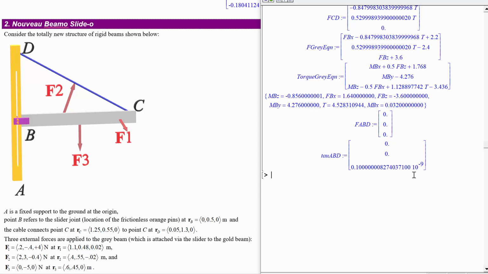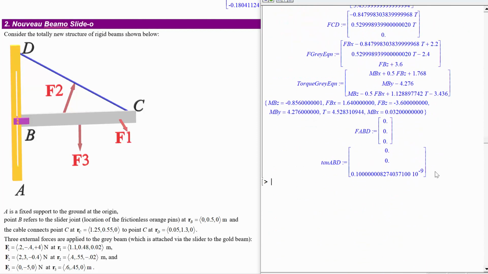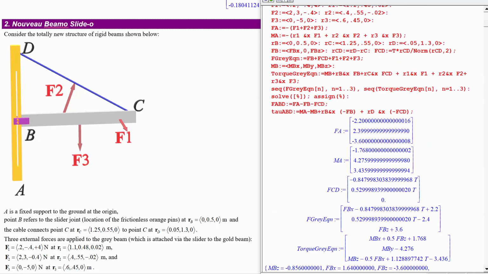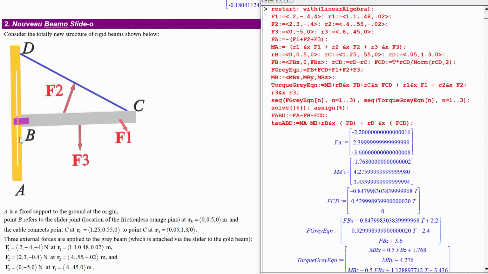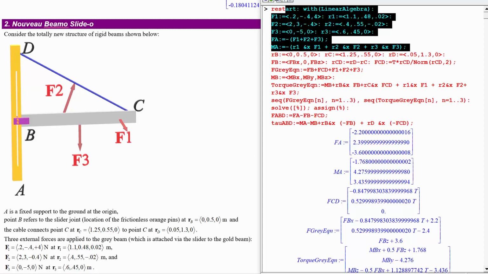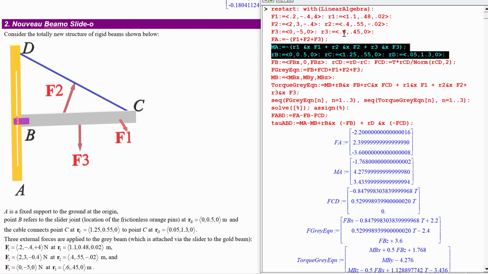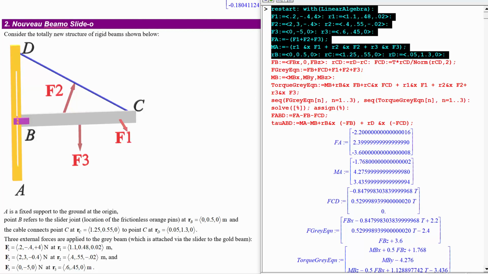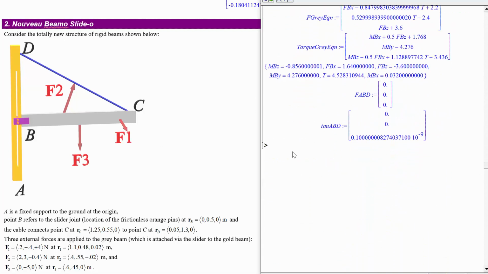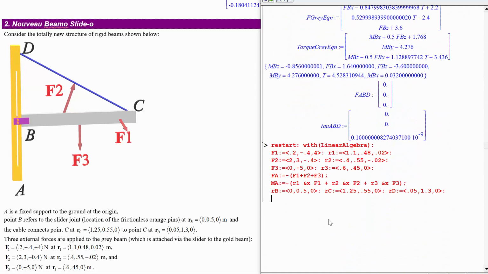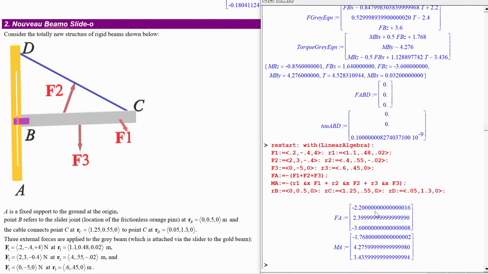This also illustrates a different way that we could have solved for this reaction force at B and this cable force. A different way that we could have done it would be to do the net force on ABD instead. So that's after we've got the first part. Go back to this part of the problem.